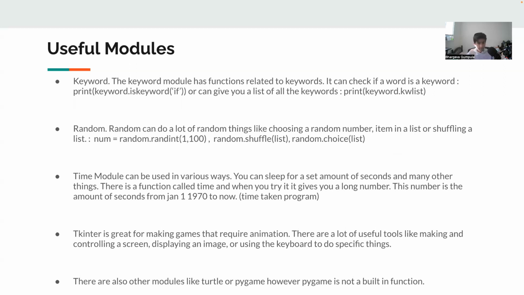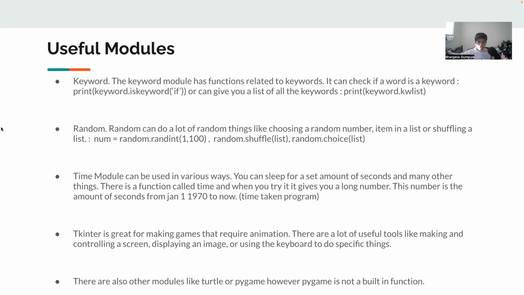In this case, print keyword dot is keyword, and you give the function is keyword a parameter. Another example of what keyword can do is show you a list of all the keywords.